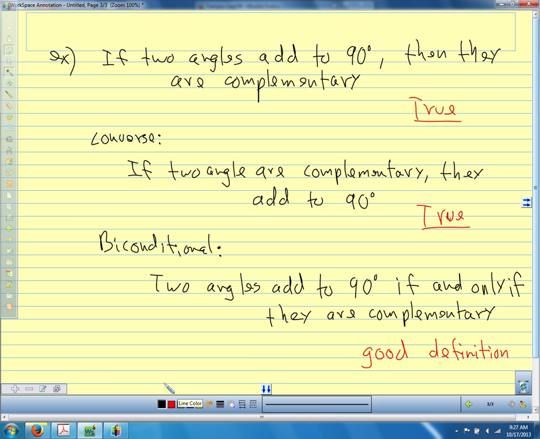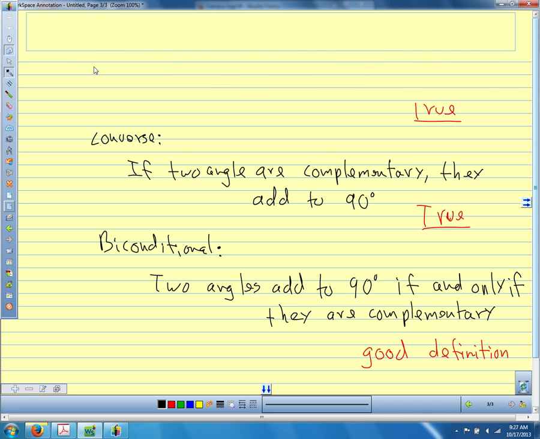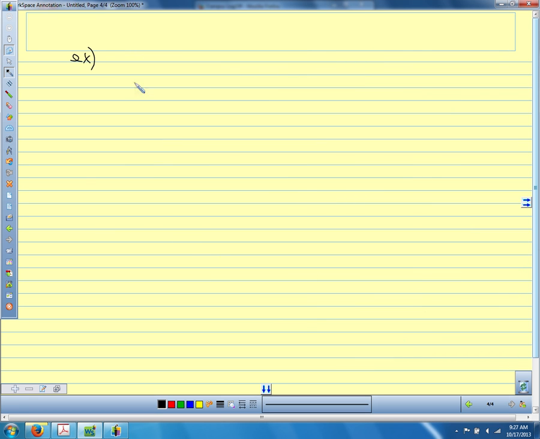All right, let's look at another one. We'll go the opposite way this time. So here is my biconditional. Two numbers are, and we're going to use some fancy words here, but the fancy words are not important to what we're doing.